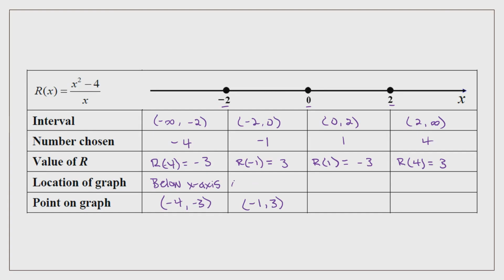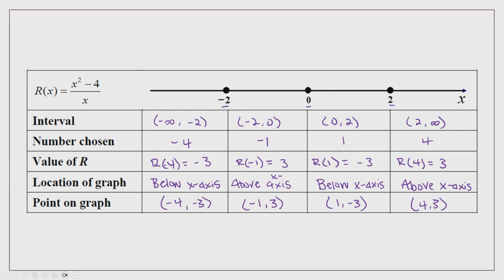Since 3 is positive, it's going to be above the x-axis. Our next point is (1, -3). Since the y is negative, it's going to be below the x-axis. And our fourth point is (4, 3). So this is going to be above, since 3 is positive.